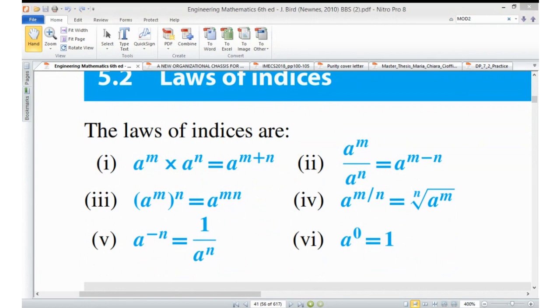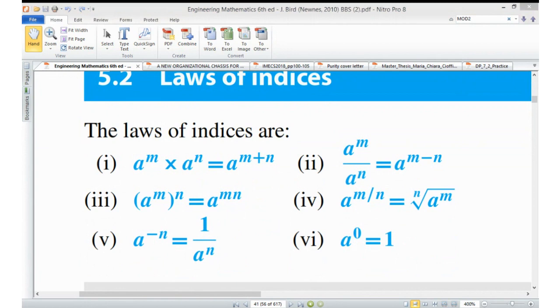But the difference is that this is now a negative power. So if a number is raised to a negative power, then that number can be expressed as a fraction with a positive power. If a is raised to power negative n, then we can say 1 over a raised to power n. So n becomes positive, but the whole expression becomes a denominator.